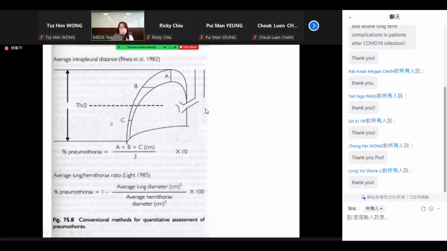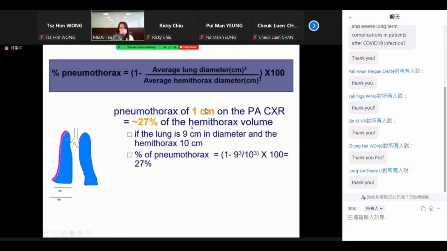The magic figure is 20%, in a 1 cm pneumothorax. So if you see a 1 cm rim of pneumothorax in a PA chest X-ray, that means there's already 27% pneumothorax in terms of volume. If there's a 2 cm rim, then half of the lung is collapsed already. So you have to remember this magic figure: 27% in a 1 cm rim of chest X-ray pneumothorax.